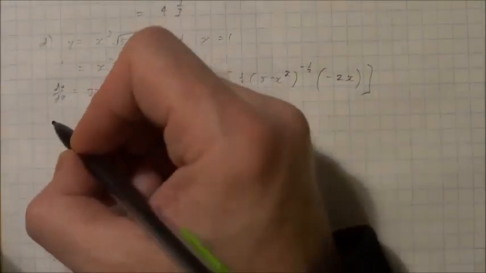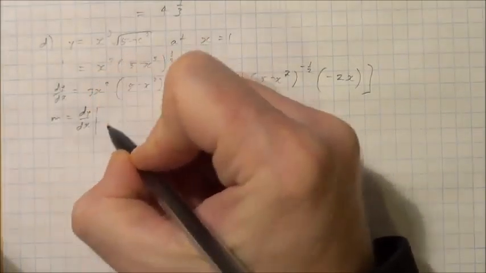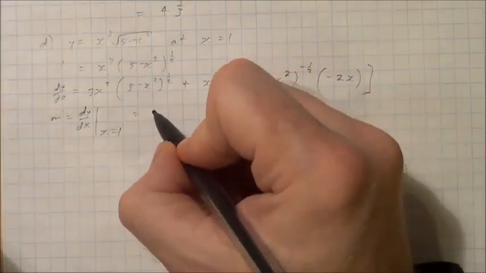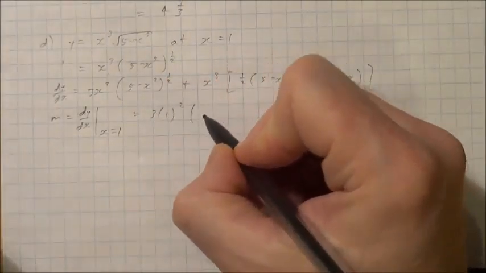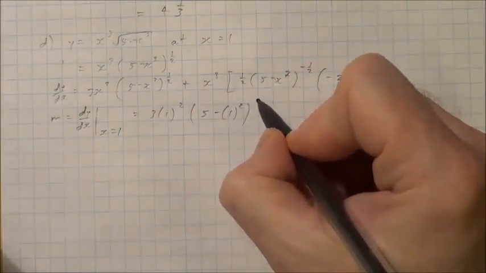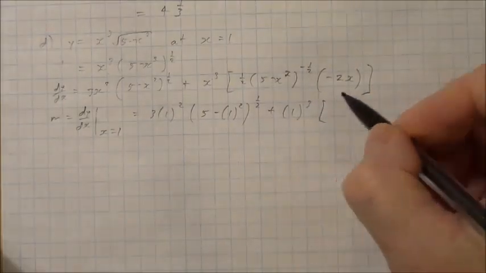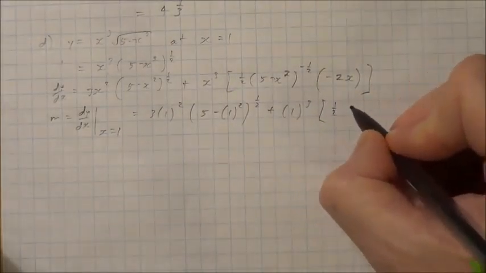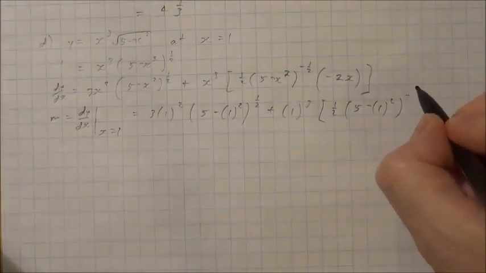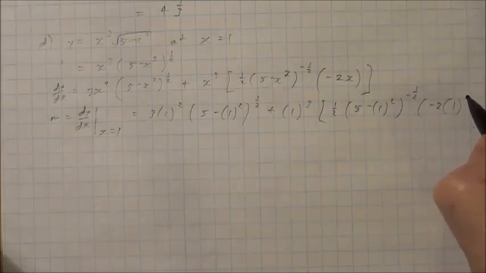And then the gradient is the gradient function evaluated at x equals 1. So I've got 3 quantity 1 squared, quantity 5 minus 1 squared, all to the 1/2, plus 1 cubed, multiplied by a half times 5 minus 1 squared, to the negative 1/2, multiplied by negative 2 times 1.